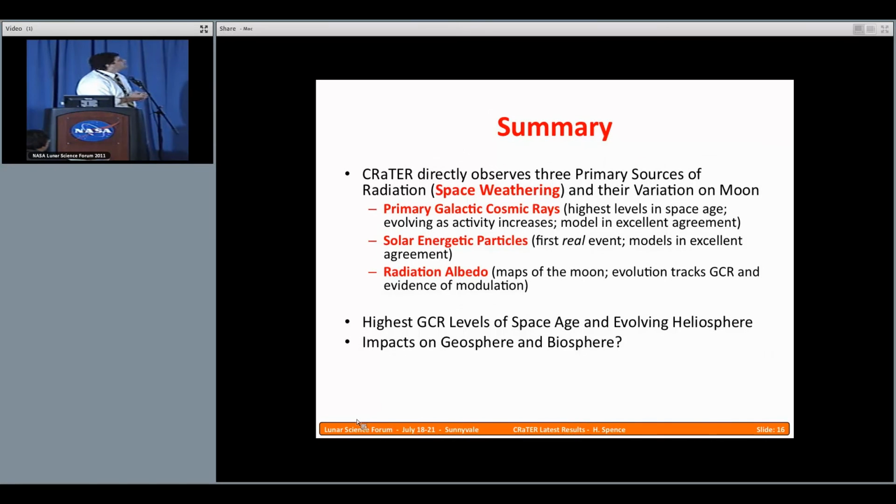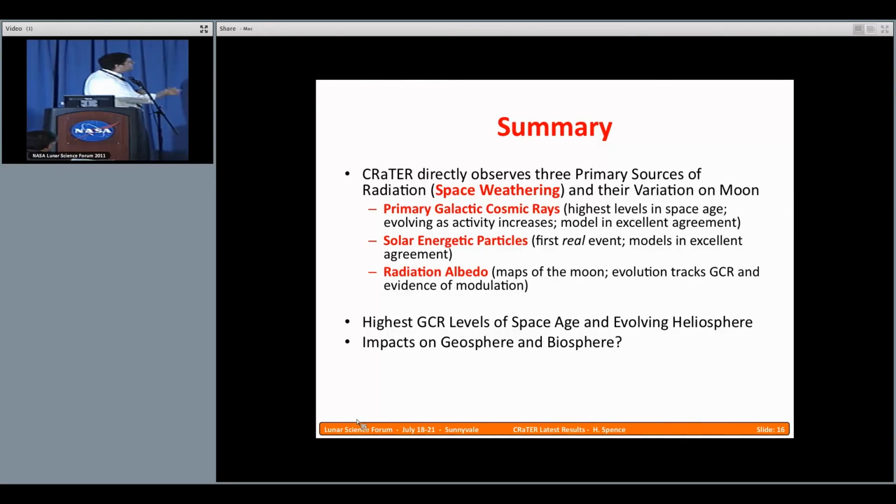So in summary, I've described to you the three primary things that Crater observes: galactic cosmic rays, solar energetic particles, and the radiation albedo. All of these effects actually are associated with the term that we've heard earlier, space weathering. These are the effects, there are effects on the moon from these sources.